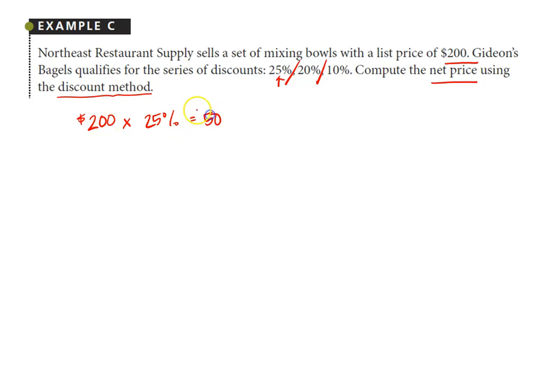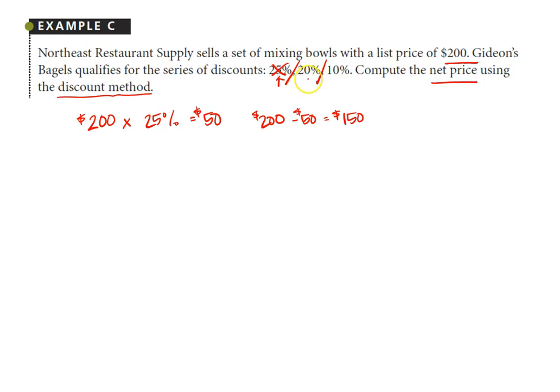This gives me a discount amount of $50. And to find the new net price, I'm going to take that $200 and subtract the discount amount. This gives me a new net price of $150. So we've taken care of this 25%.